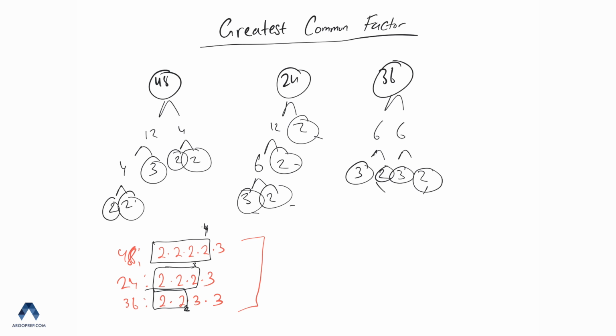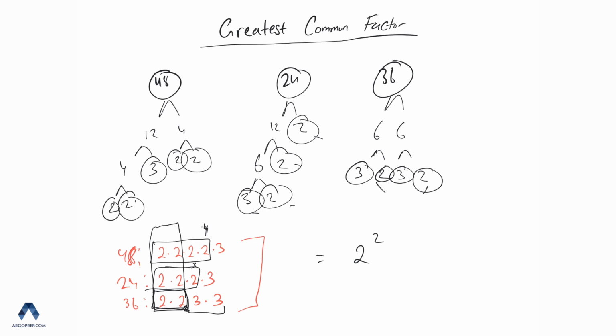Why? Because the prime factorization of 36 only has two 2's, and you're only allowed to take numbers that are common in all the sets. So in all sets, I have at least two 2's. So it's going to be 2 to the second power. I can't take any other 2's because in my set over here, I don't have any other 2's.